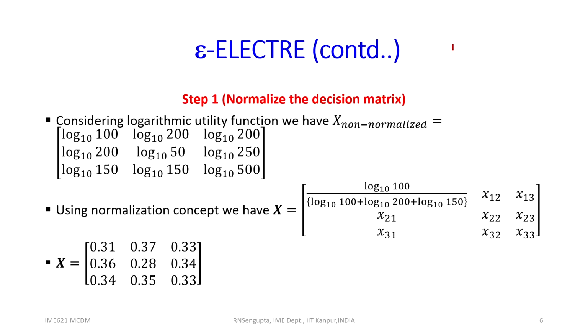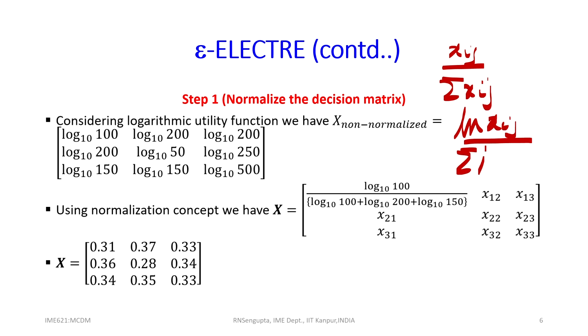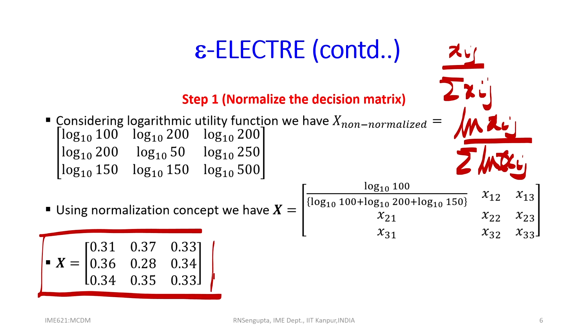So, you have seen one case of normalization being x_ij divided by the summation of x_ij. Another is ln of x_ij divided by the sum of ln of x_ij. So, using that, the normalized matrix X comes out to be this.